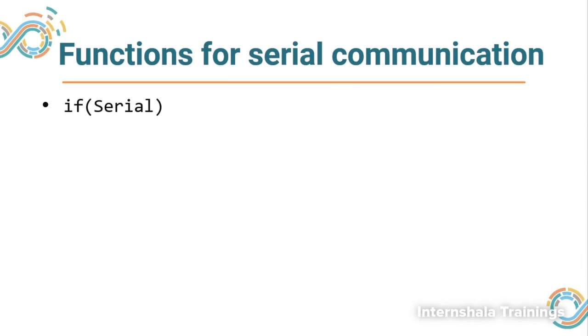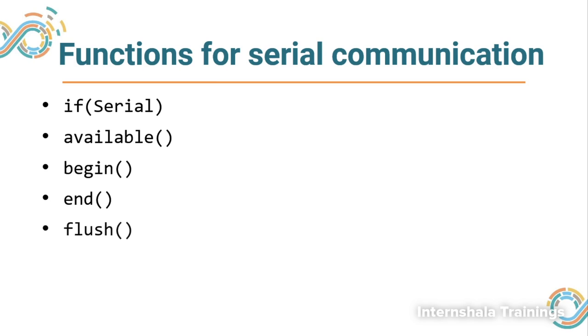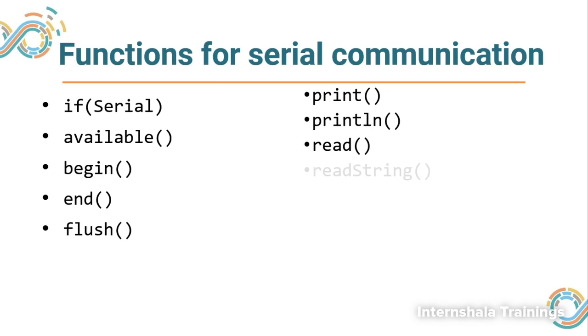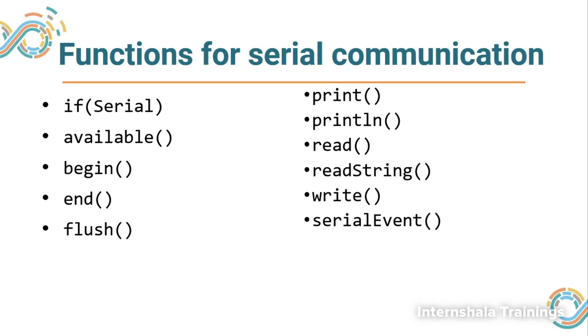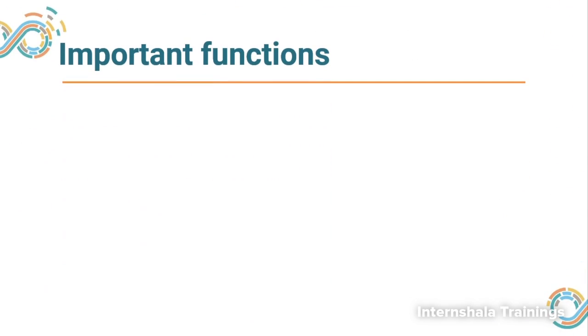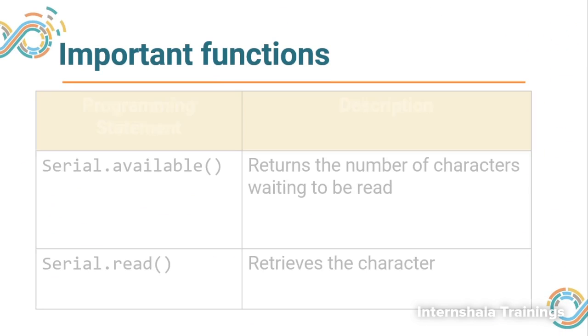So some of the basic functions that we use for serial communication: check if serial communication is available or not, begin the serial communication, end the serial communication, flush the content, print something on the serial monitor, print with a line break, read something from the serial monitor, read string, write, whether a serial event is detected or not. All these are functions and there are a lot more. You can go to the website to read those.